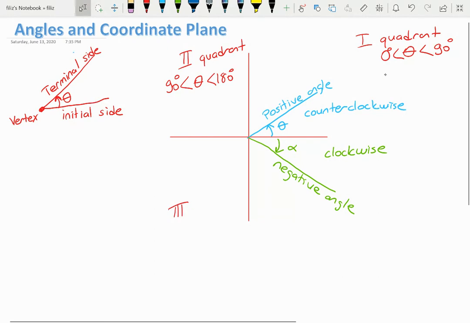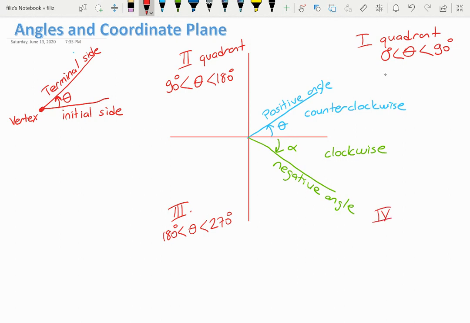This is my third quadrant, between 180 and 270 degrees. And the last one, the fourth quadrant, is between 270 and 360 degrees. We should keep those in mind.